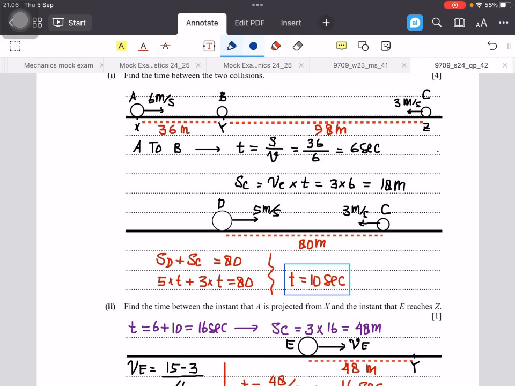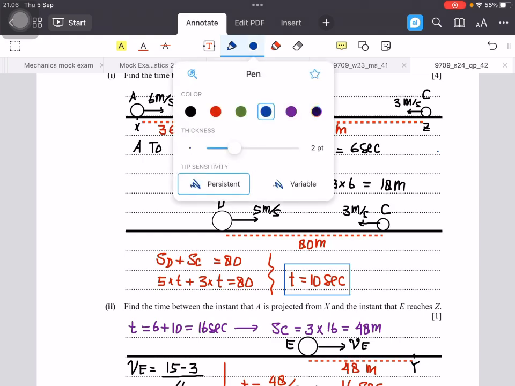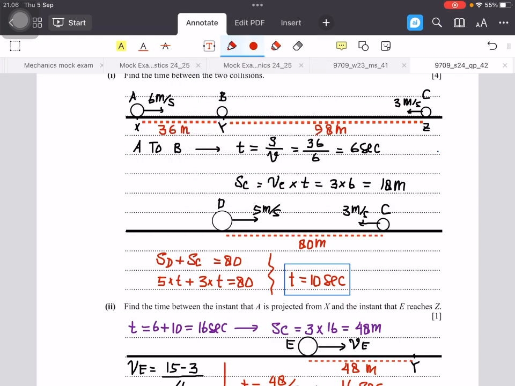And then to find the time at which D and C collide, let's say D and C collide here, for example, at this point.